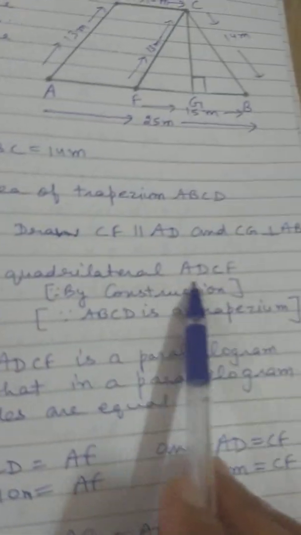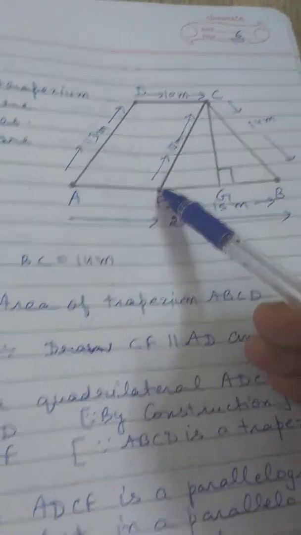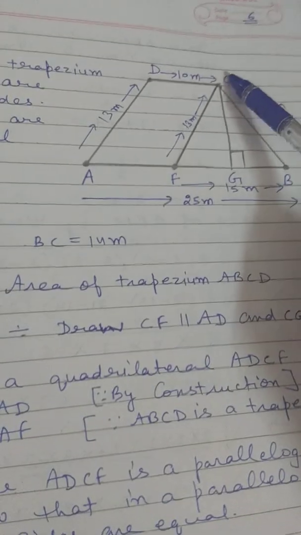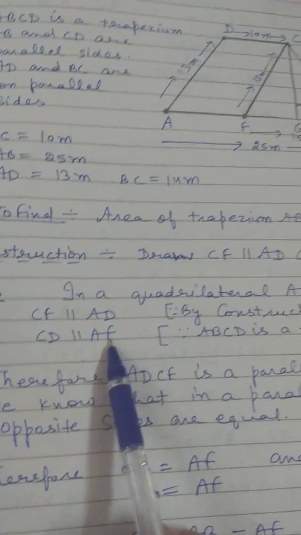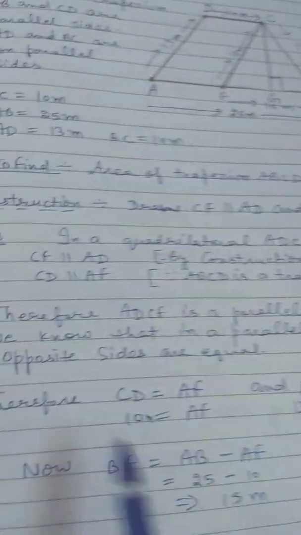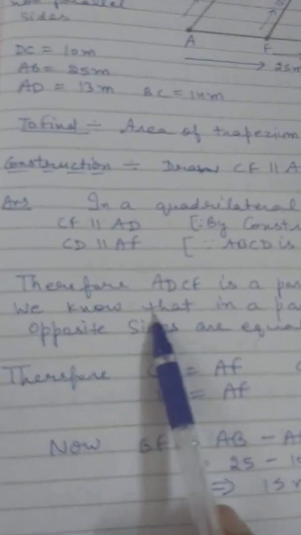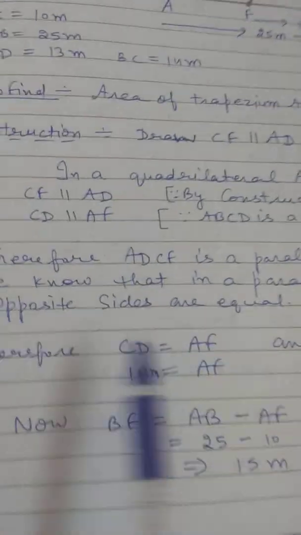Answer: in quadrilateral ADCF, CF is parallel to AD, and CD is parallel to AF. Therefore, ADCF is a parallelogram. We know that in a parallelogram, opposite sides are equal. Therefore, CD equal to AF.